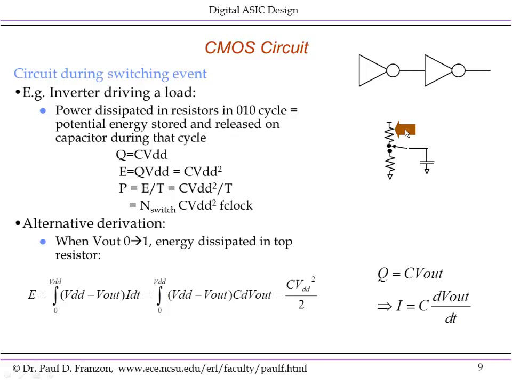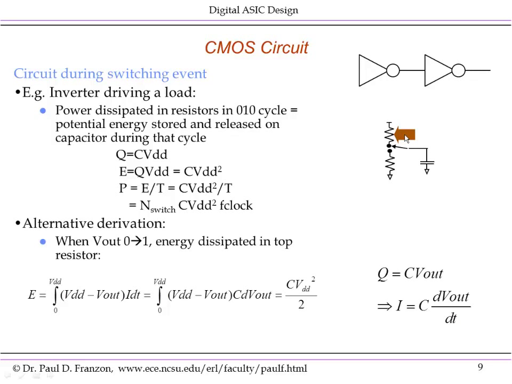But there's two ways to calculate the power that's dissipating in this realm. One way is to actually calculate the IR power drop in these. The other is to use the physics law of conservation of energy and realize that the potential energy stored onto the capacitor during a logic cycle is the same as the energy loss in these two resistors.